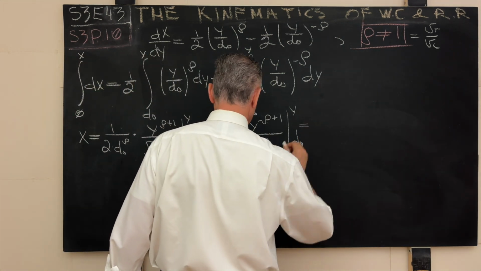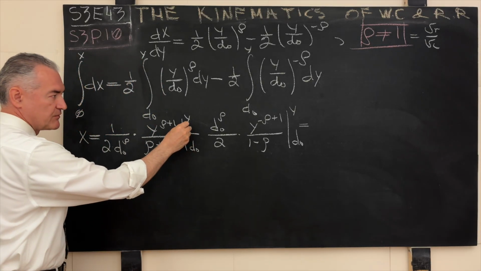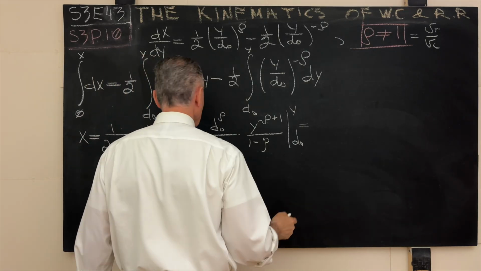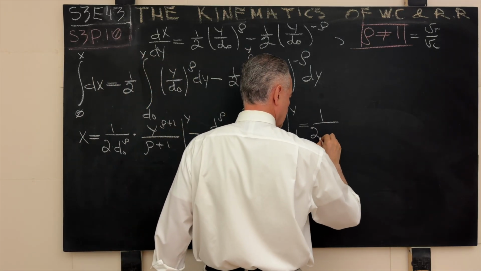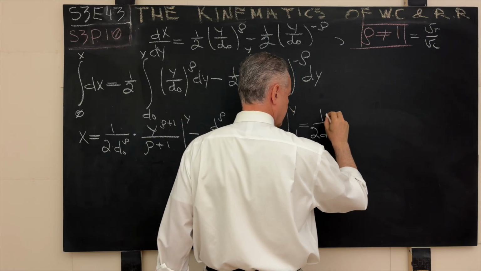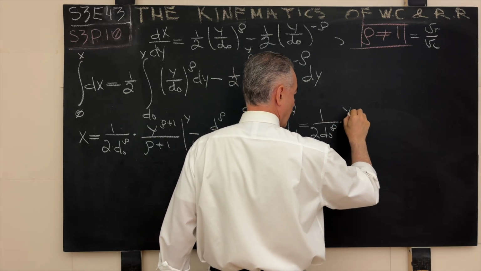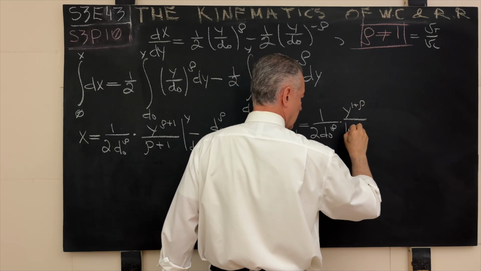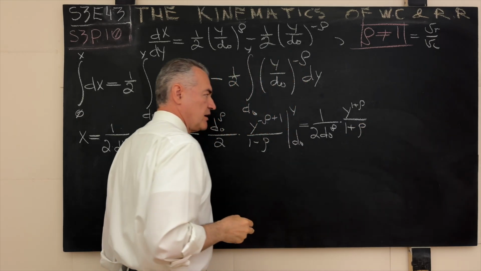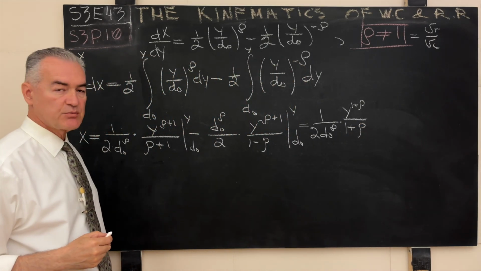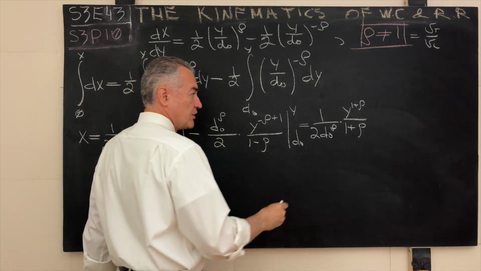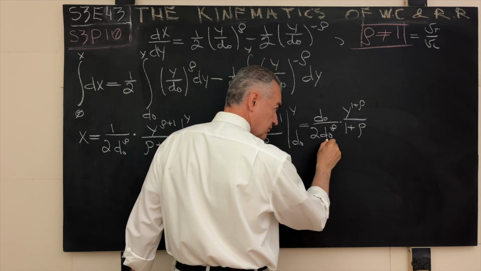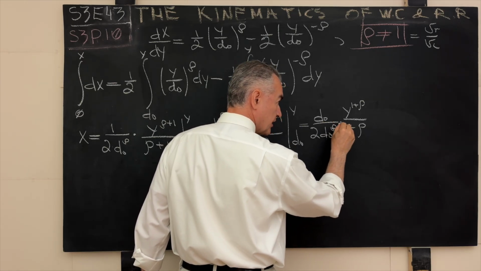So what are the results? Well, let's do this. At the upper boundary for the first term over here, we will have 1 over 2 d0 raised to the power of rho times y raised to the power of 1 plus rho divided by 1 plus rho. And in order to make this expression a little bit more digestible, we can multiply the numerator of this ratio by d0 and divide by it. So this will be plus 1 also.